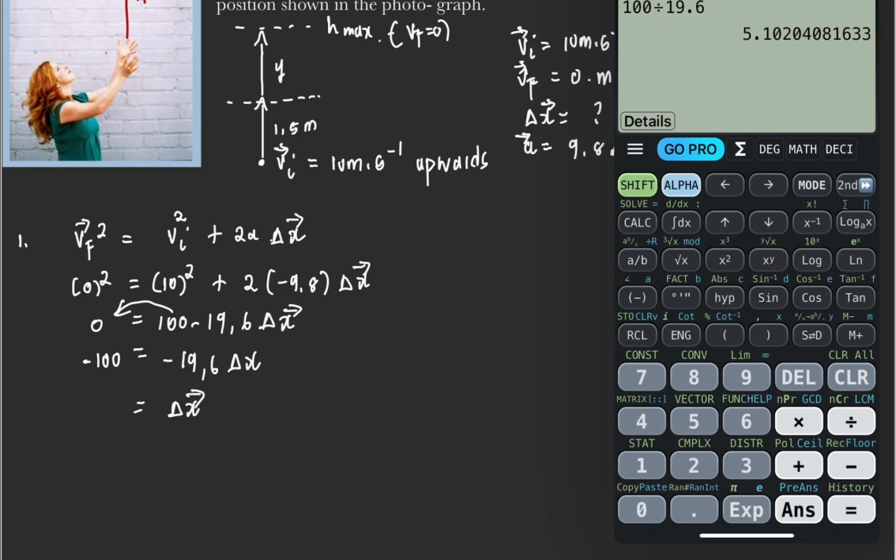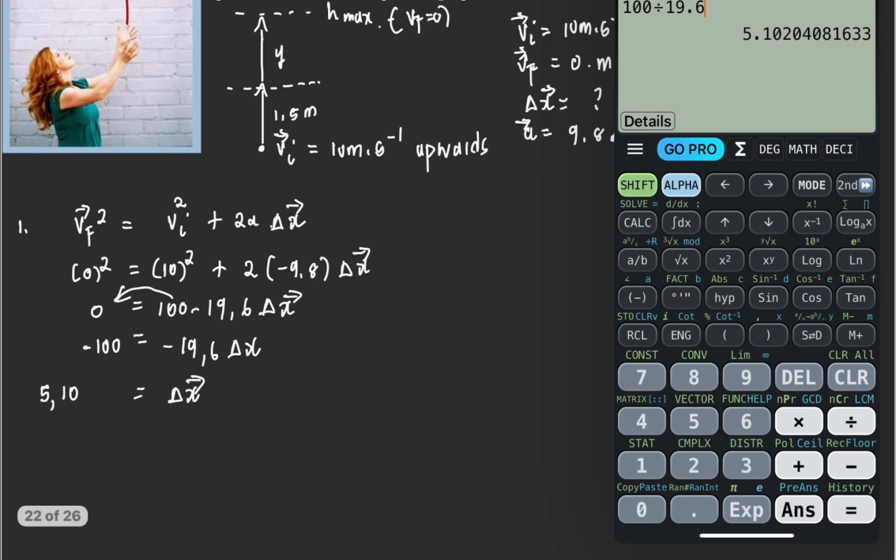100 divided by 19.6 is equal to 5.10 meters.